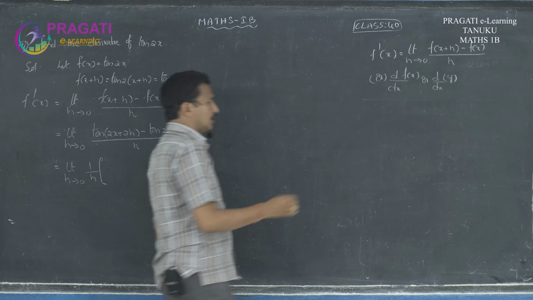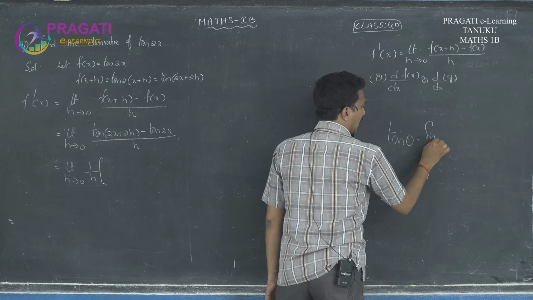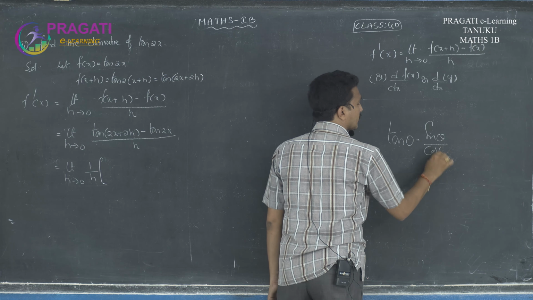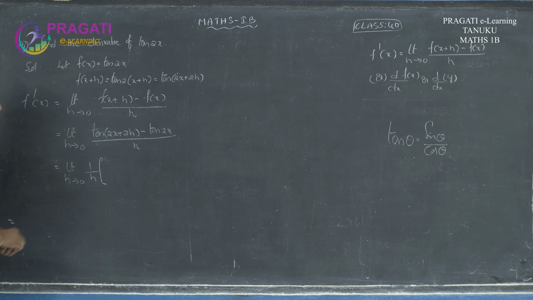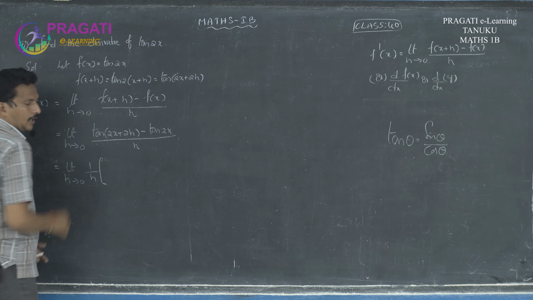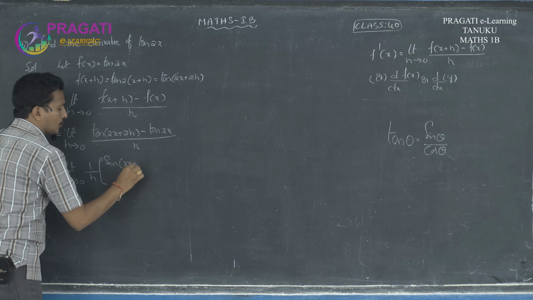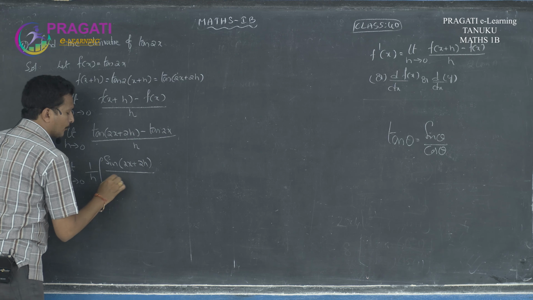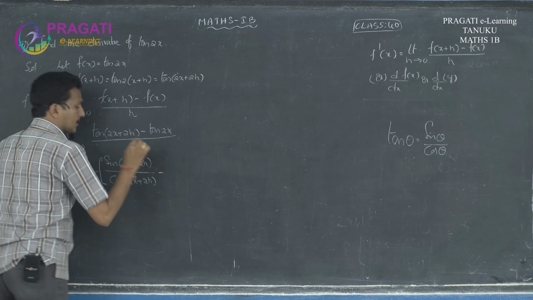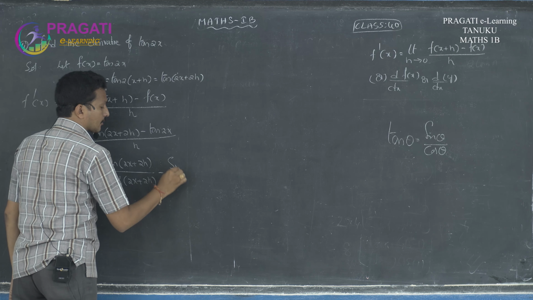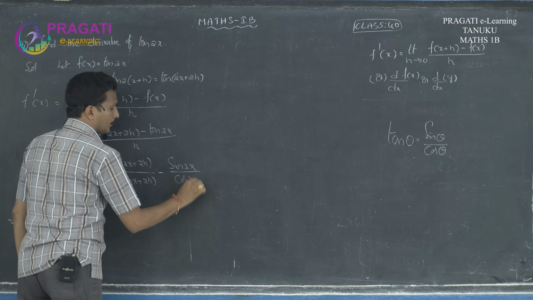Here you observe that in the trigonometry section, tan theta can be written as sin theta by cos theta. So it can be written as sin of 2x plus 2h by cos of 2x plus 2h minus tan 2x, which is also written as sin 2x by cos 2x.